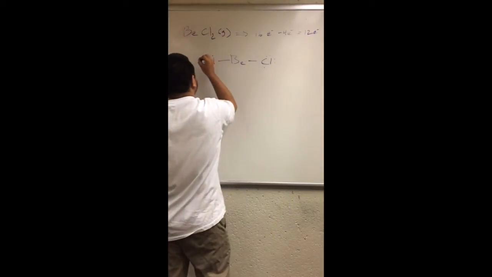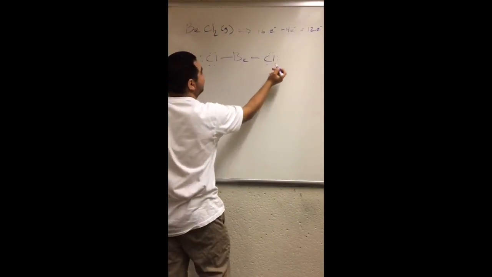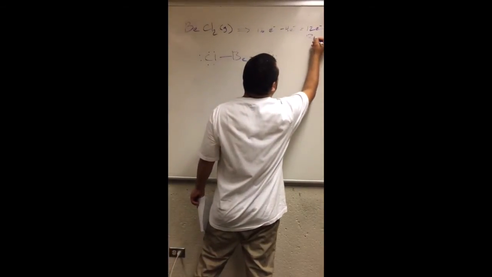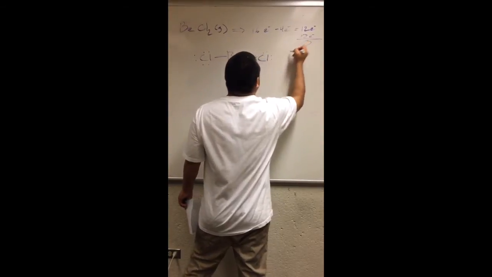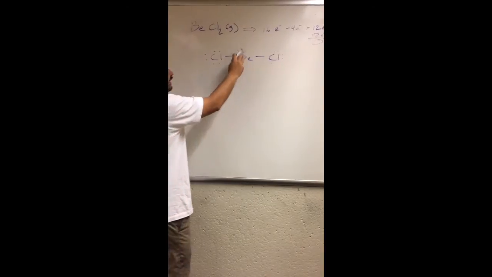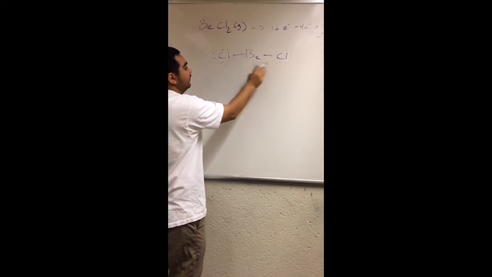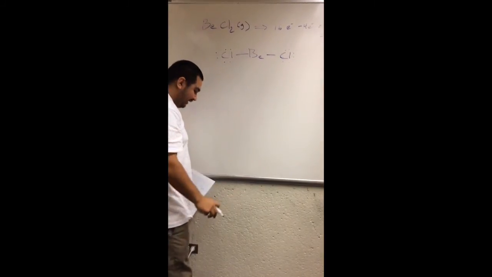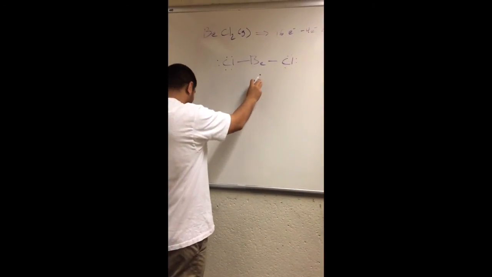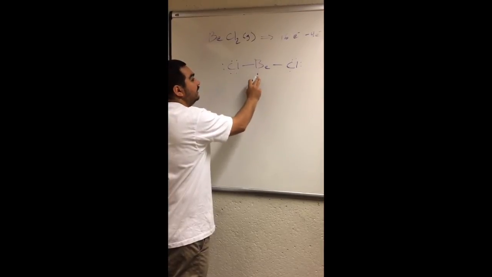We see each chlorine takes 6 electrons each, and that takes 12 electrons, meaning that beryllium has no electrons left to add, so it doesn't follow the octet rule. And this is called an electron deficiency.